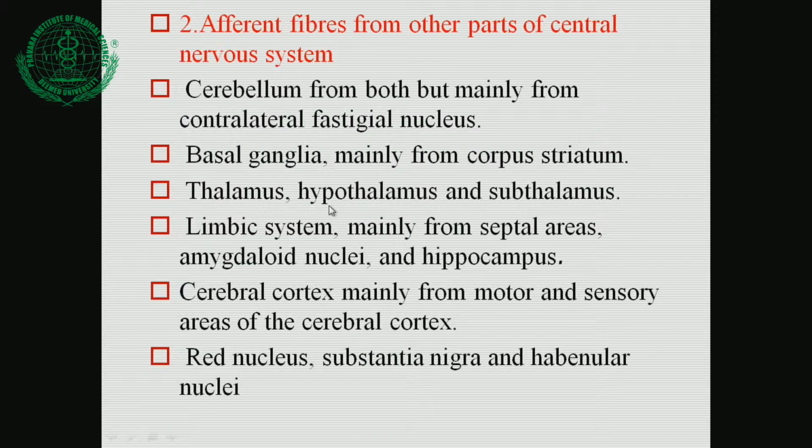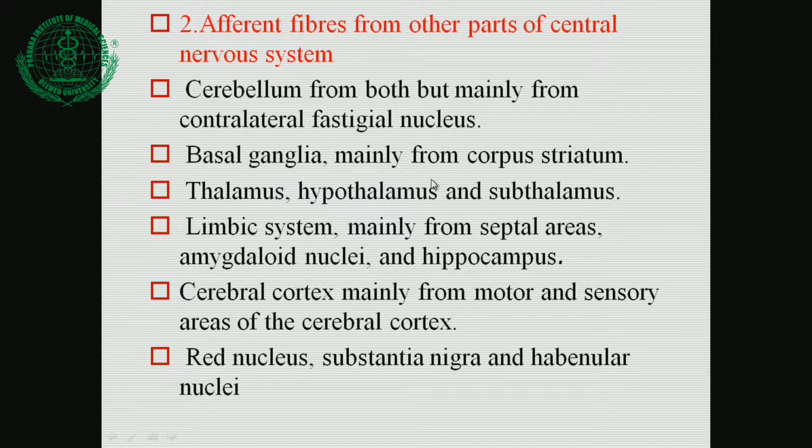Number two, afferent fibers from other parts of the central nervous system. First, the cerebellum, from both sides but mainly from the contralateral fastigial nucleus. Basal ganglia, mainly from the corpus striatum.